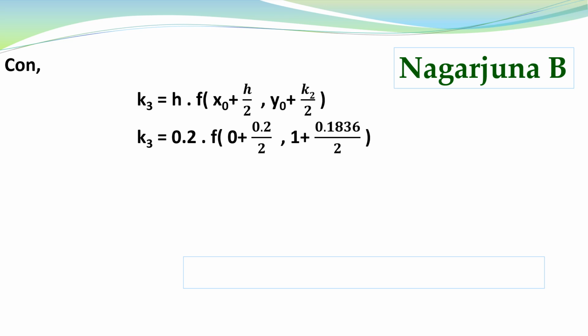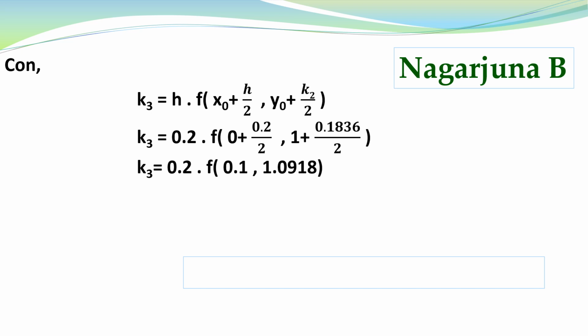So we can write k3 is equal to 0.2 into f of 0.1 comma 1.1 0918. Now we know f of x comma y according to the question is y minus 2x divided by y.